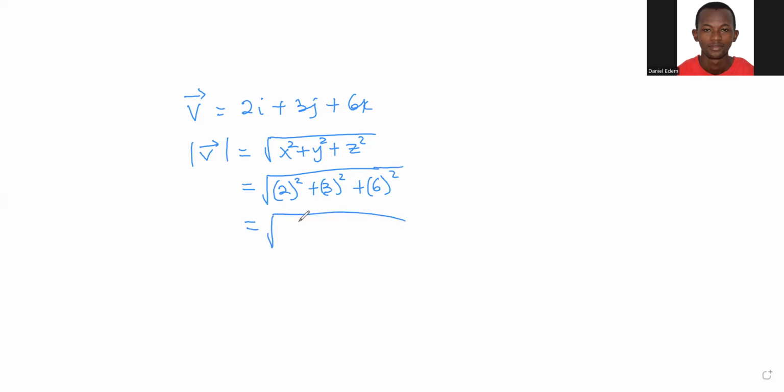So 2 squared gives us 4, 3 squared 9, and 6 squared 36. And so 4 plus 9 plus 36 gives you 49. And square root of 49 gives you 7. And that gives you 7 units. So basically, this is how we solve magnitude. We now move on to unit vector.